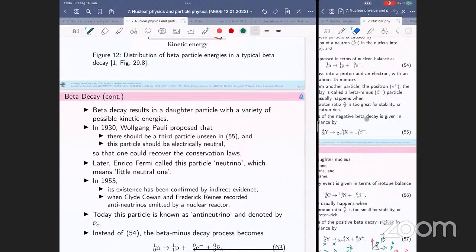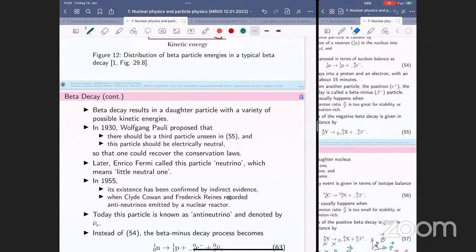The particle they call the neutrino here is not actually the neutrino. It's known in the standard model of elementary particles as the electron anti-neutrino. These two guys detected anti-neutrinos emitted by a nuclear reactor.